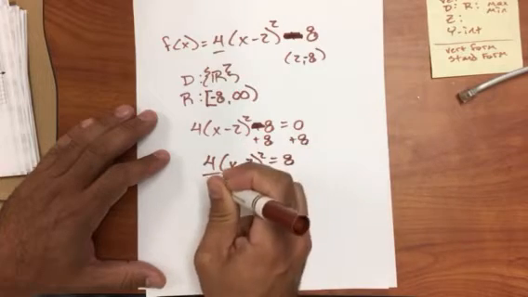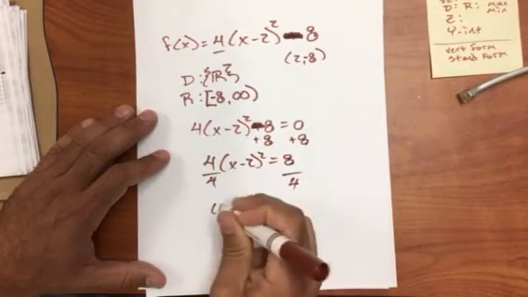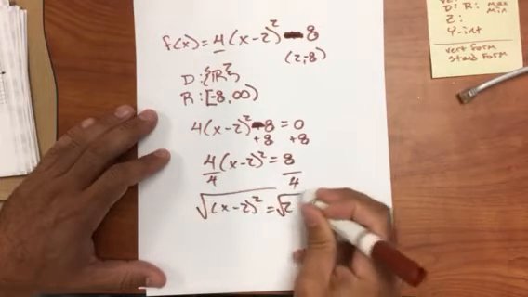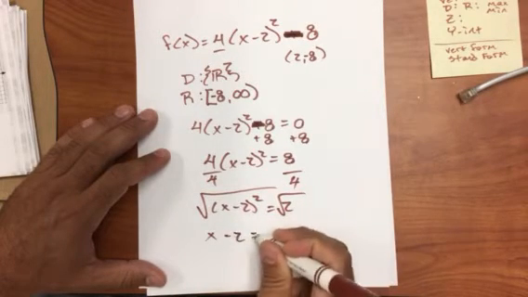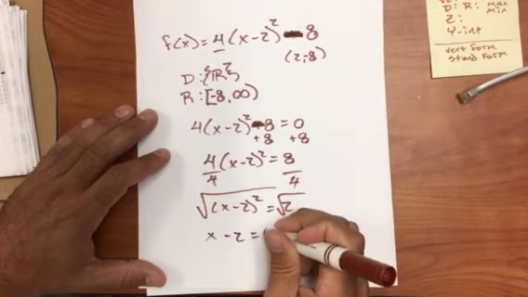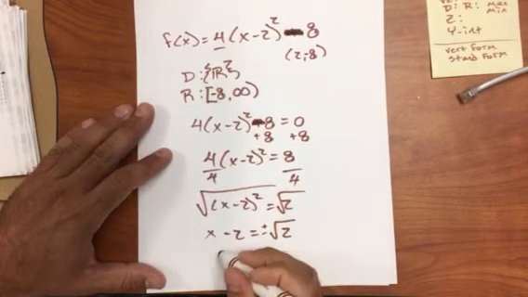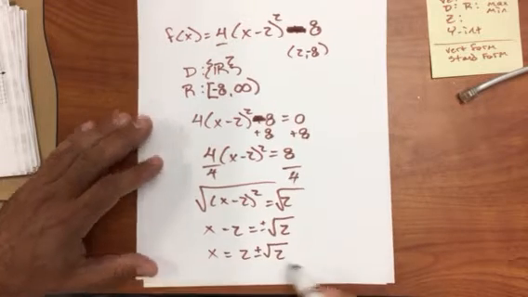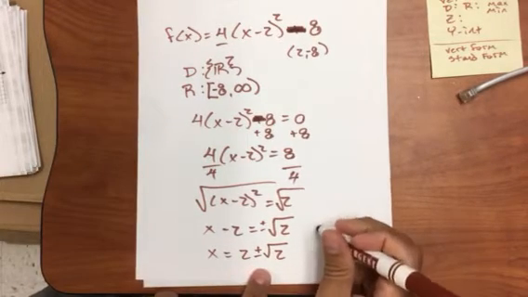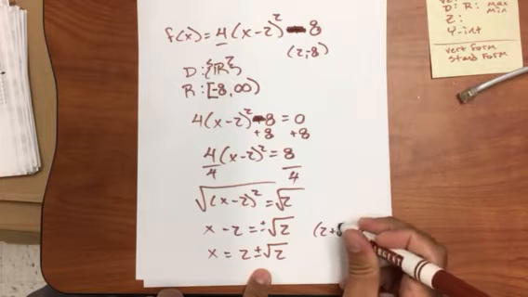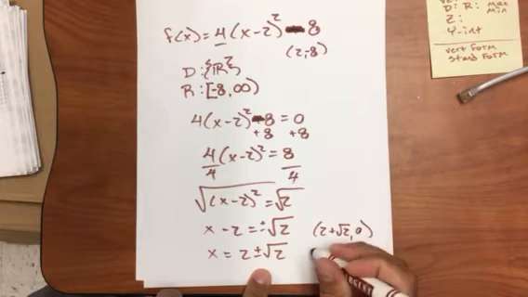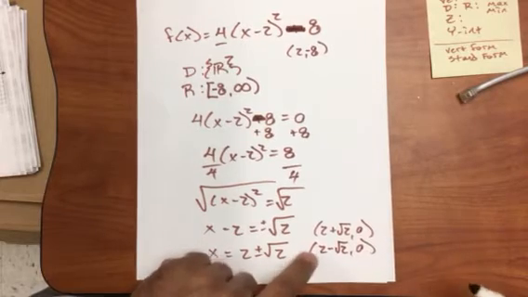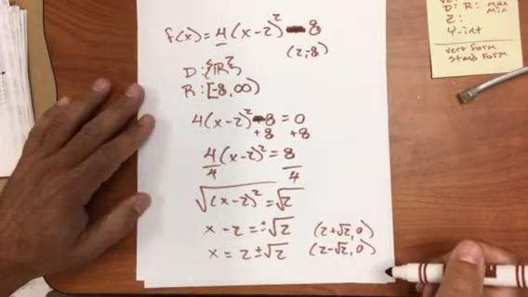I'm going to divide by 4. I'm going to square root. Because I did this square root, it's both plus and minus, and I'm going to add 2. So these are my zeros, meaning that there's two different zeros. There's a 0 at 2 plus the square root of 2, and there's a 0 at 2 minus the square root of 2. And my zeros, y equals 0, so that's why I put that.